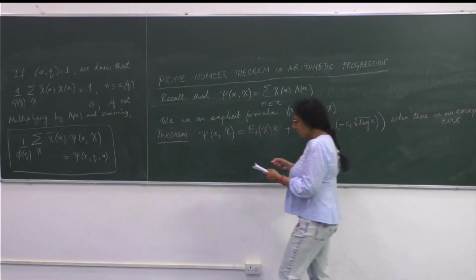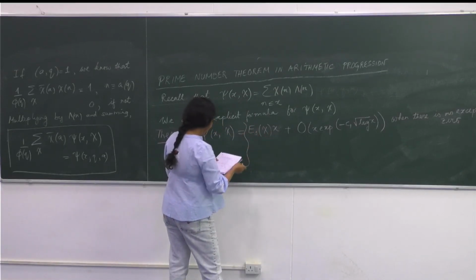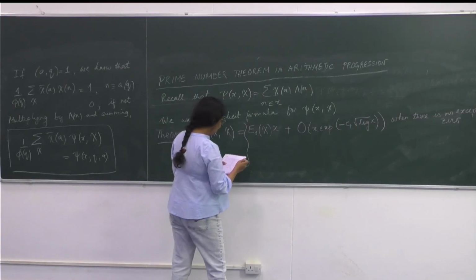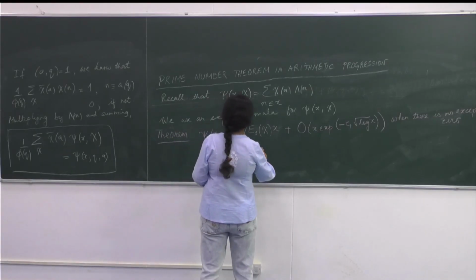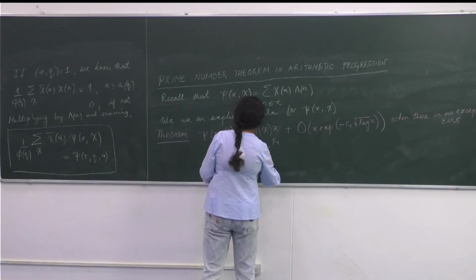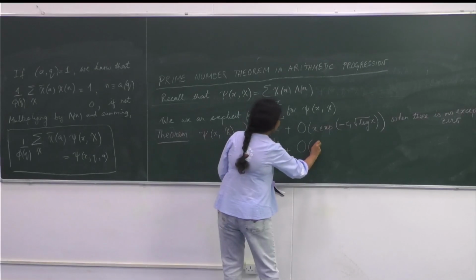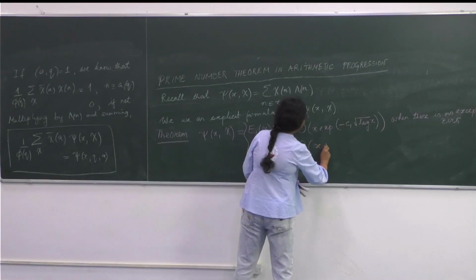And when there is an exceptional zero, we get this to be equal to minus x to the beta 1 by beta 1, the exceptional zero is often called beta 1, plus the same error.